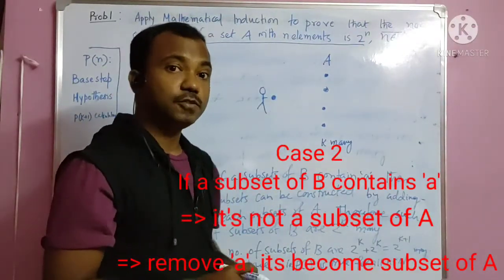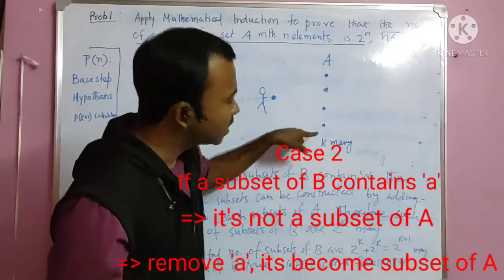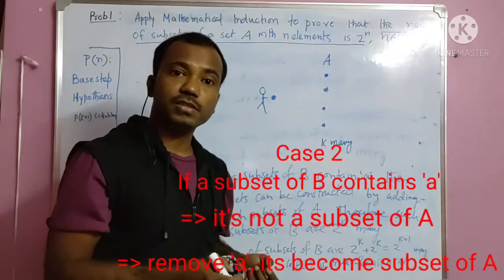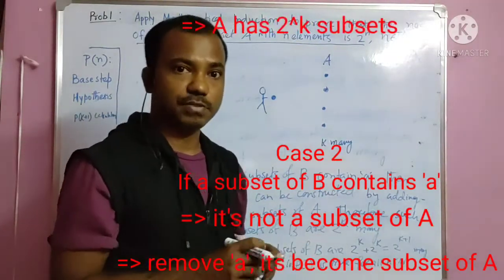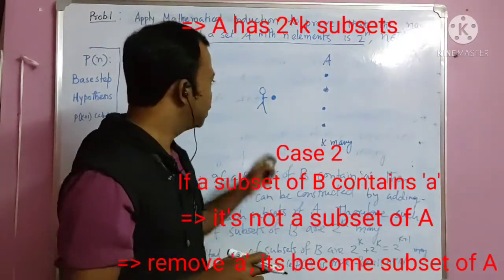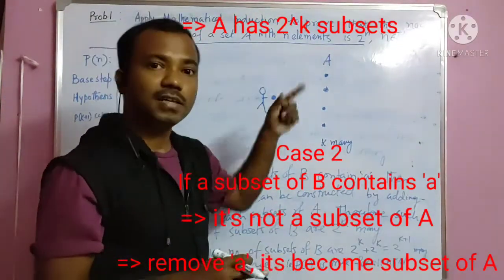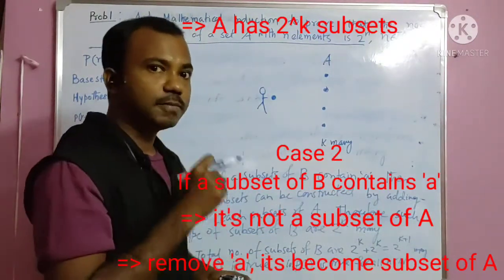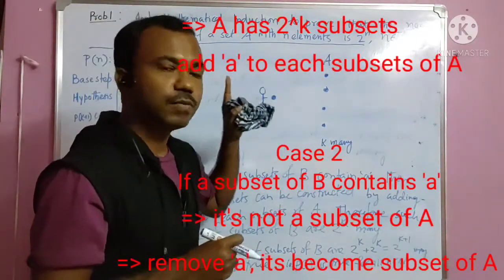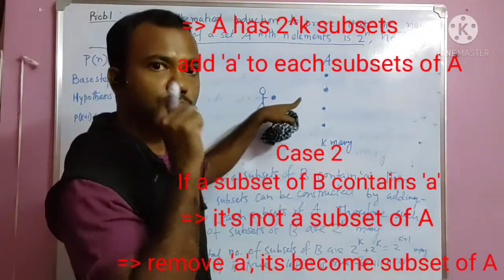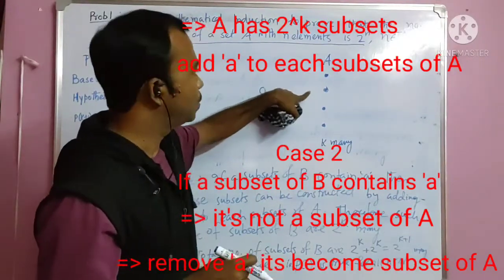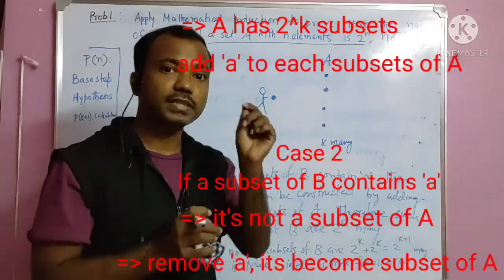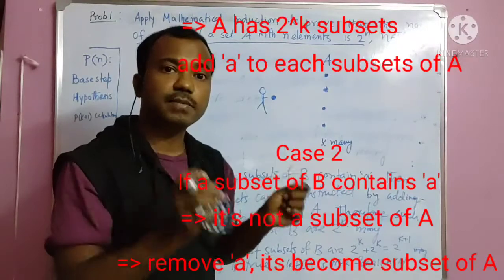A would reply that it has k elements, so from the hypothesis it has 2 to the power k subsets. Then you say, I have one element in my hand and I can put it into whichever subsets I want. So you can put your element into any of these subsets, and that subset will become a subset of B.